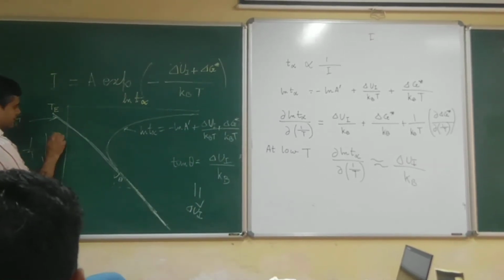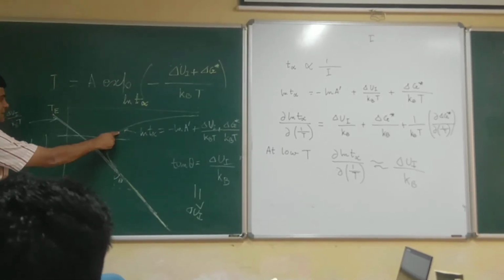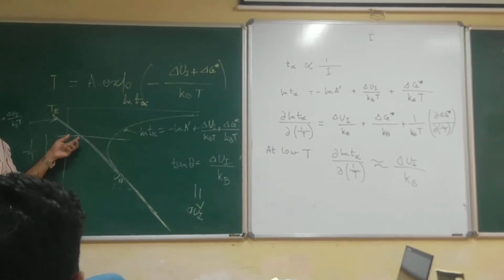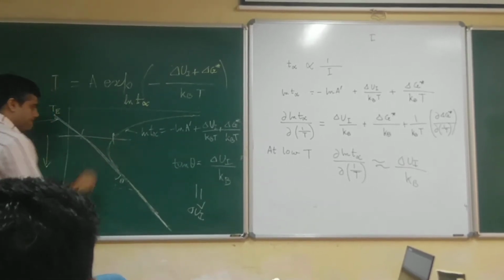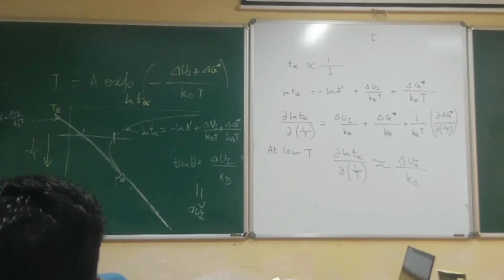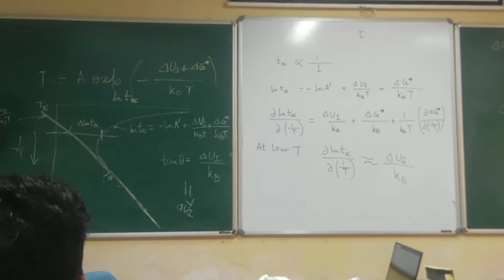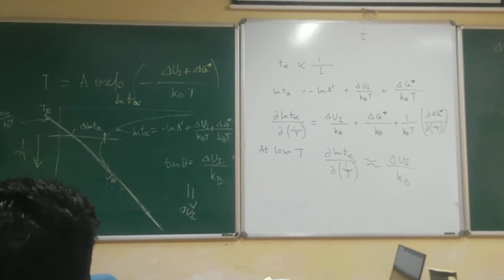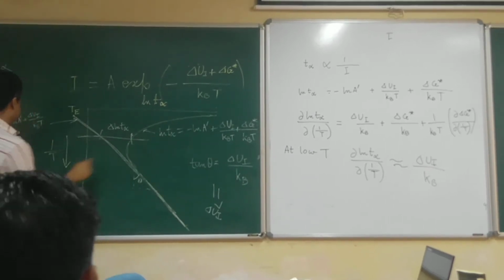So at a particular temperature, say this temperature, this curve minus this curve, which is this distance, delta ln T alpha. So delta ln T alpha will be equal to this equation minus this equation.